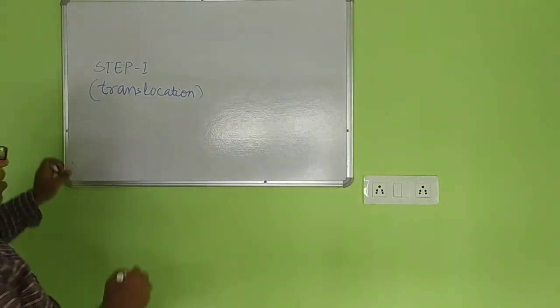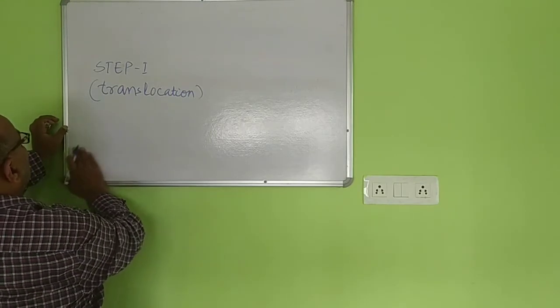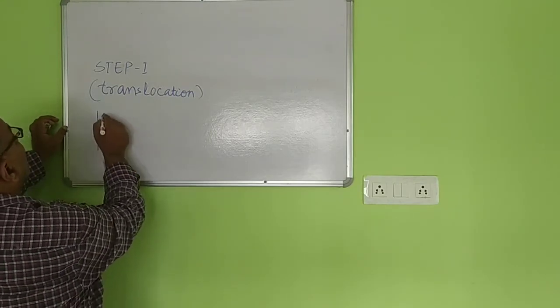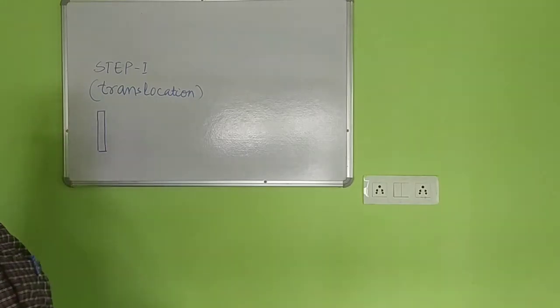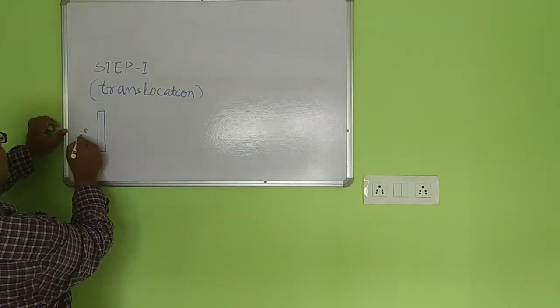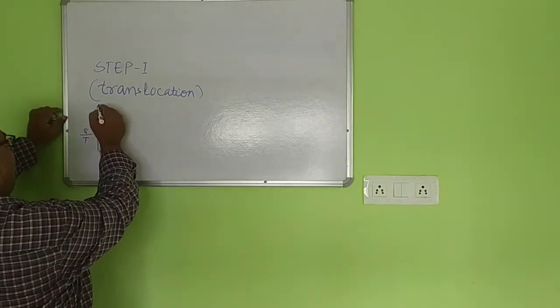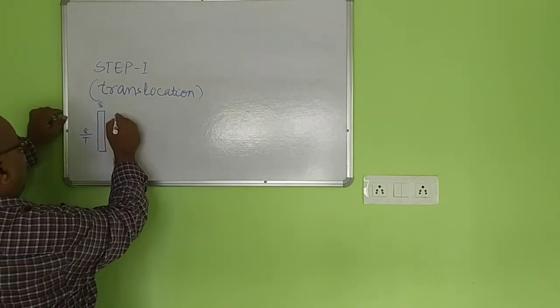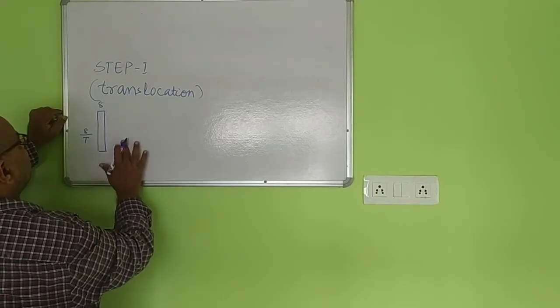You take the chromosome, this is one chromosome, and you can identify it easily and consider that it is chromosome number 8. Another chromosome remaining nearby is chromosome 11.